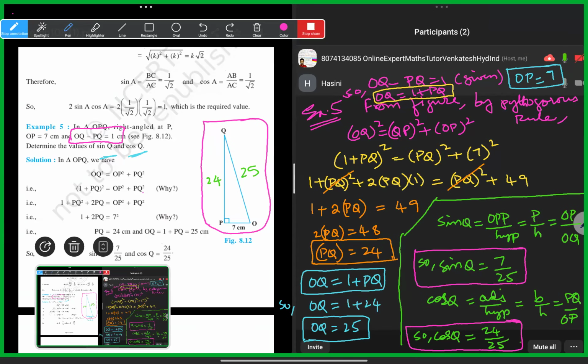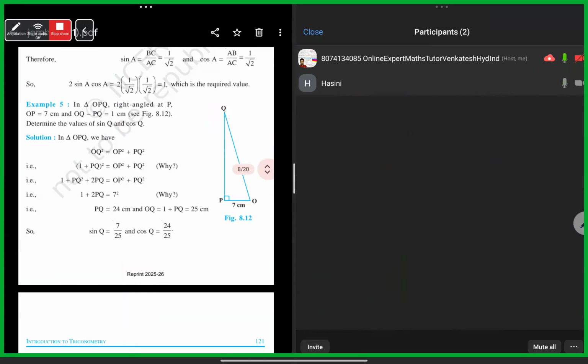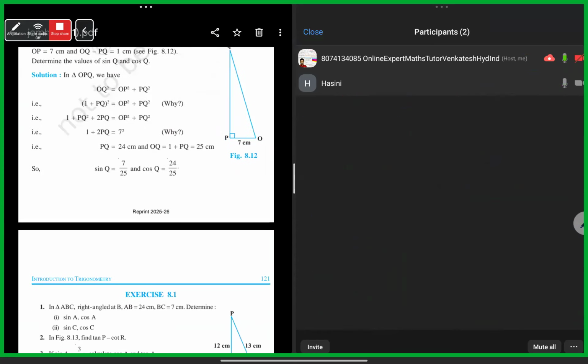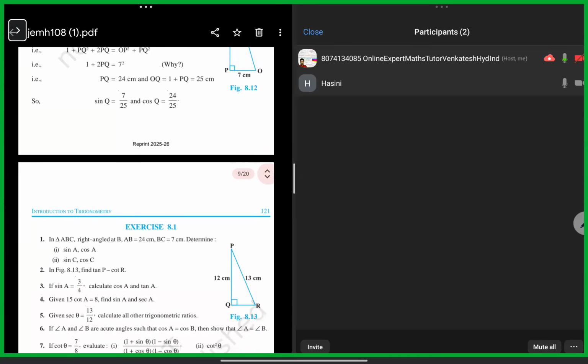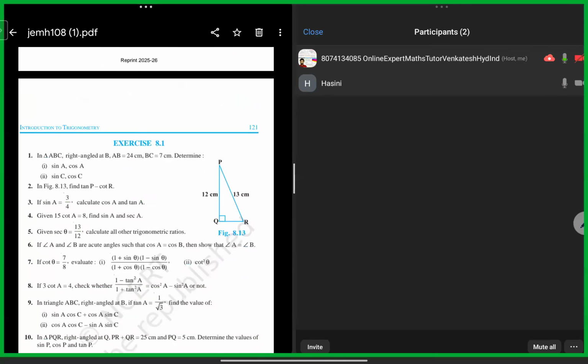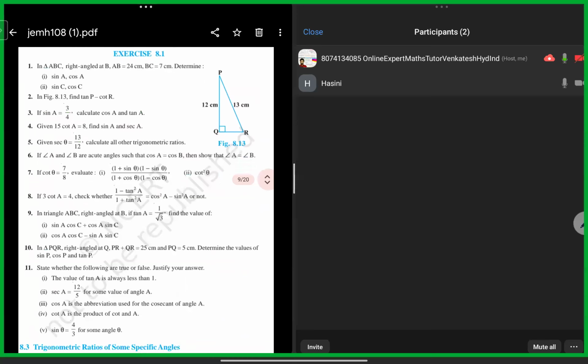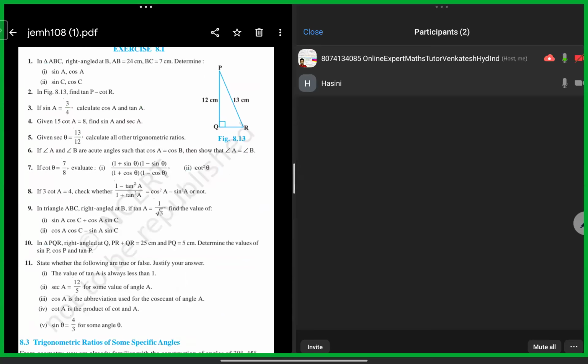Okay. So Hasni, with this, I think all the examples before the first exercise are done. You did the first four sums, I think, but anyway, in our class we'll finish it once again quickly. If you have time, you can try question number 10 as homework. It is similar to the example we just did.